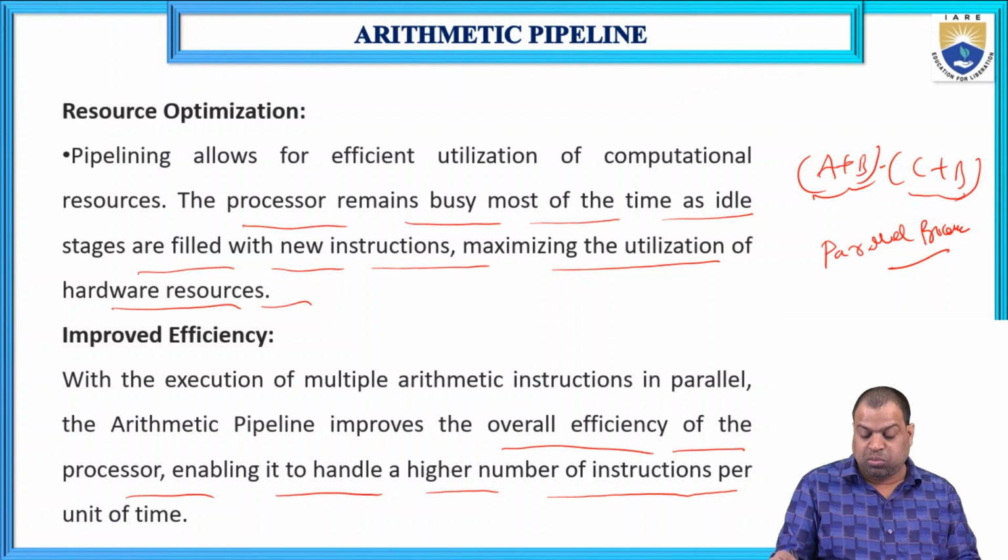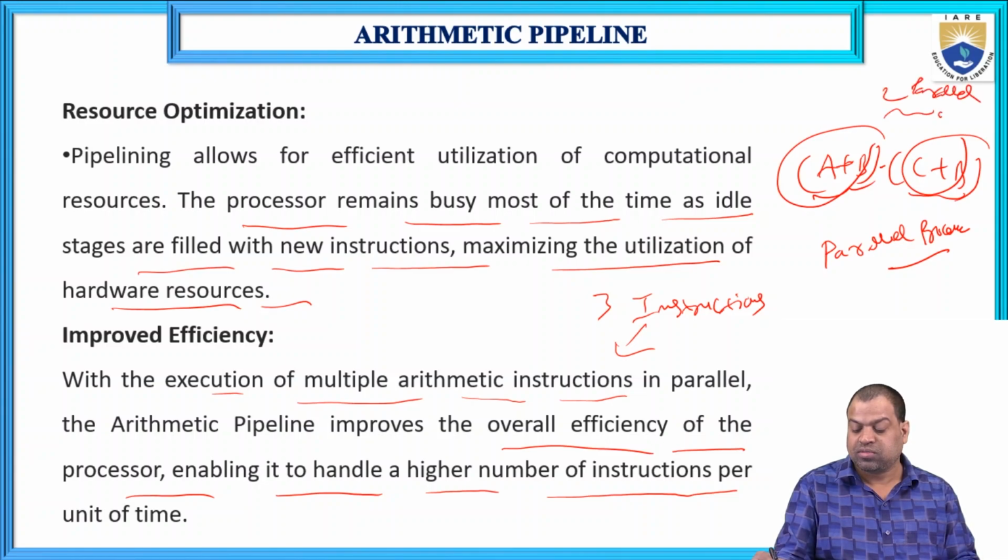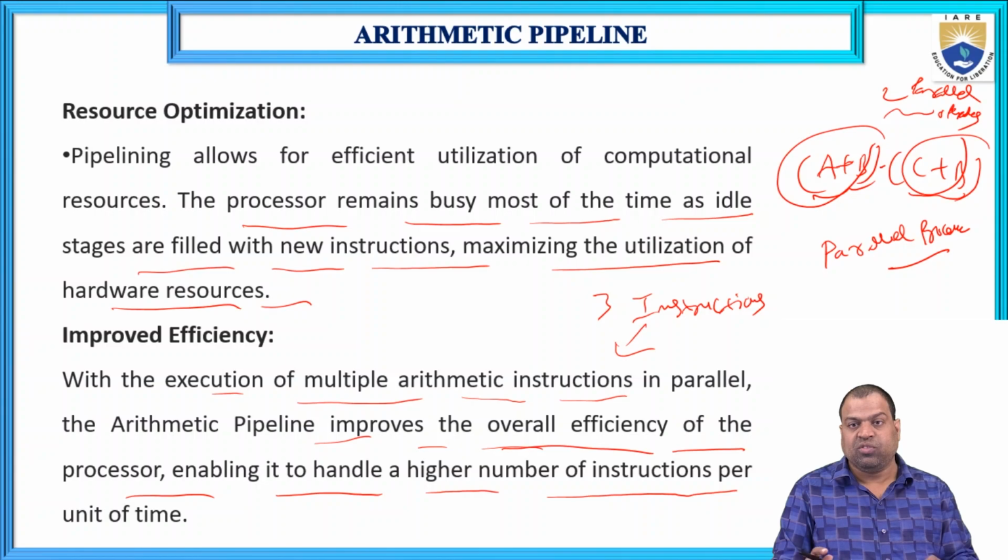So for example, I have 3 instructions to be executed. So in this execution of multiple arithmetic instructions, for example 3 instructions in parallel, A plus B and C plus D, we go for 2 parallel operations. The pipeline improves the overall efficiency when multiple instructions are processed in parallel through the processor.